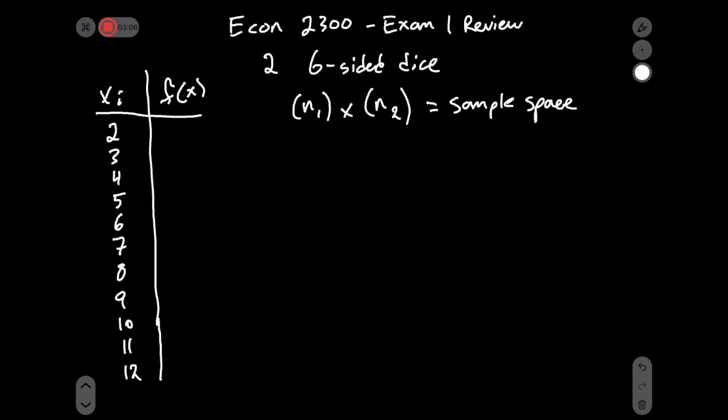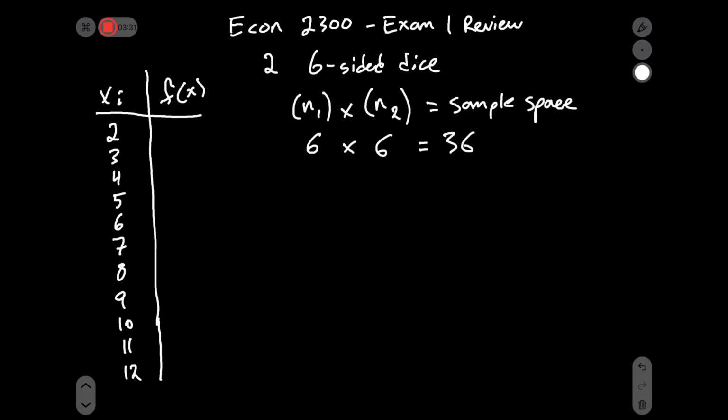And also we're going to assume that they're independent, so the dice aren't bumping into each other or anything like that. So in this case we've got 6 possible outcomes, 1 through 6 for the first die, times 6 possible outcomes for the second die, and that gives us a total of 36 possible ways that these dice can be rolled.